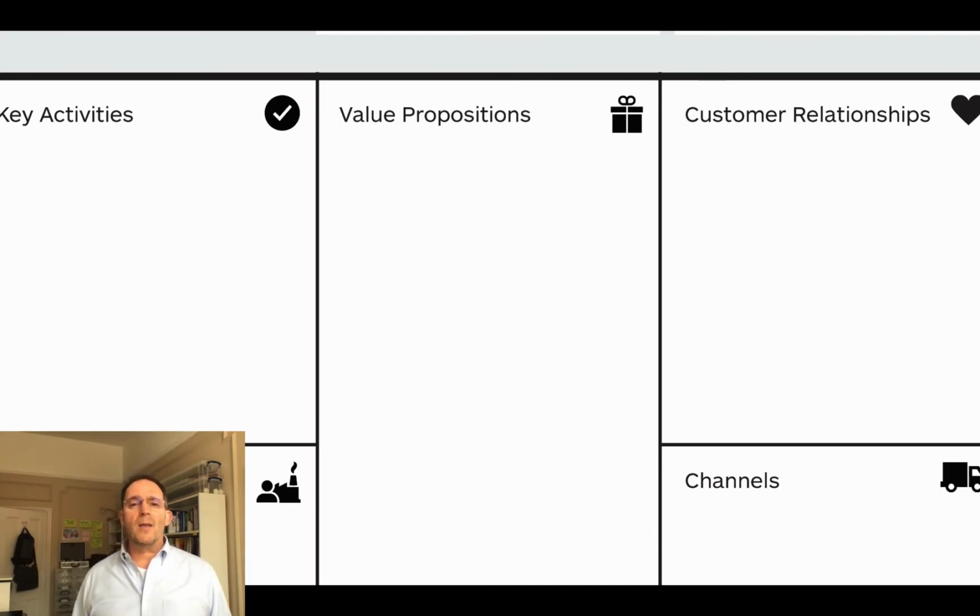So think about your value propositions, think about the products or services that you're offering your customer segment, and identify within each of those, break them down into where you see the greater risk.